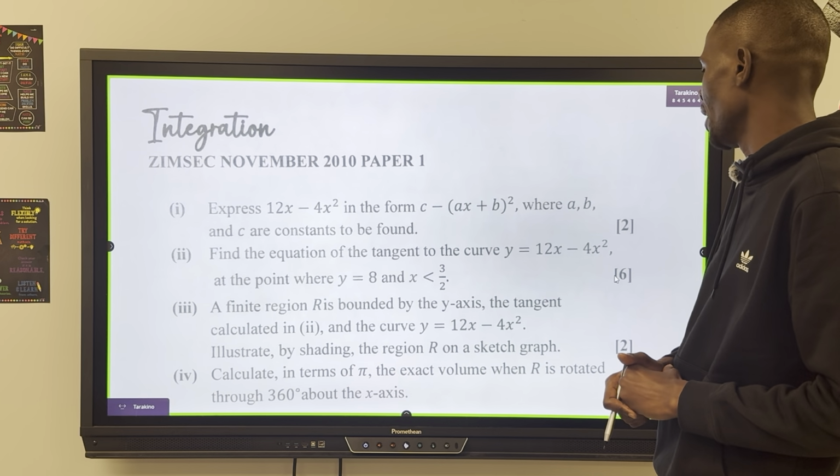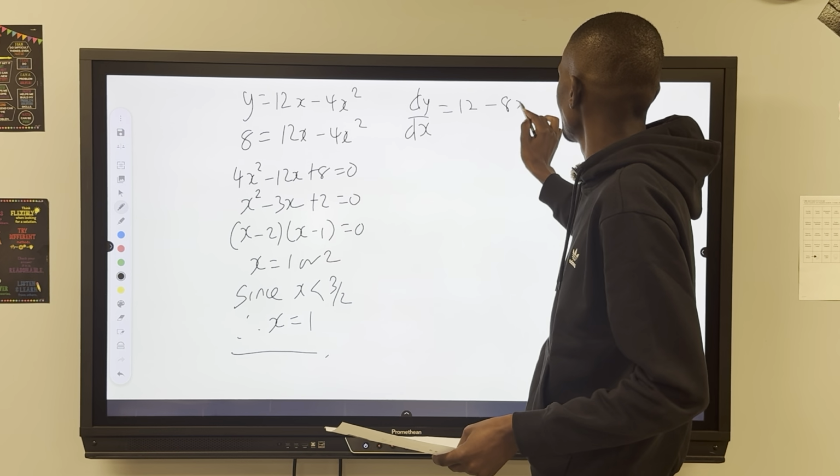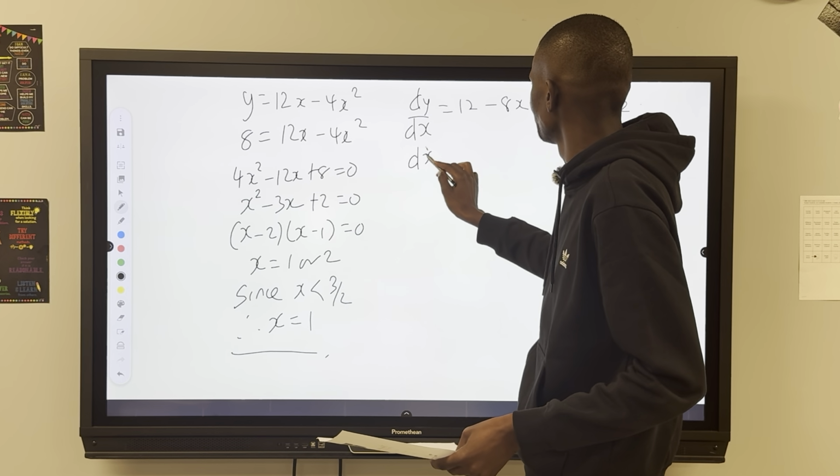Now, let's find our dy/dx since we are talking about the tangent. If I differentiate this, I'll get dy/dx equals 12 minus 8x. Then dy/dx at x equals 1 is 12 minus 8 times 1, which is just 4.